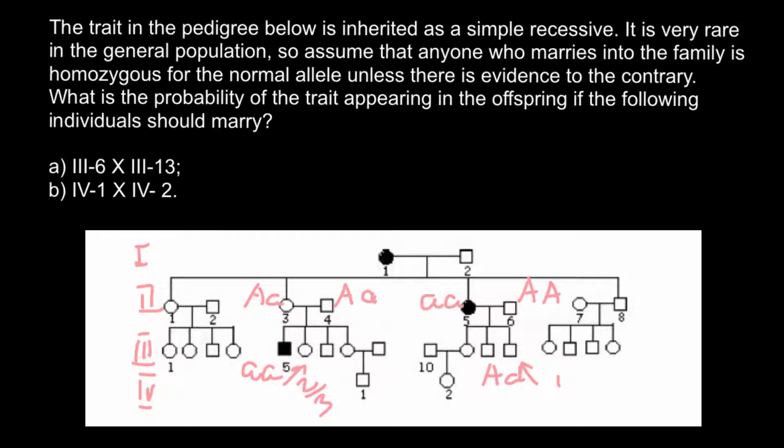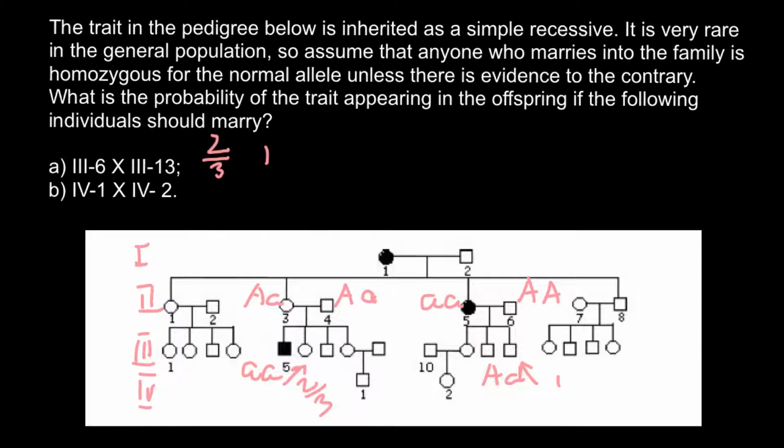Now we have probabilities for person 3,6, and the probability is 2/3, and the probability that the second person, the mate, would be heterozygous is 100%. We know it, so we put 1.